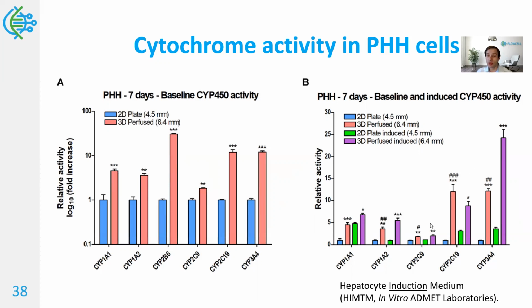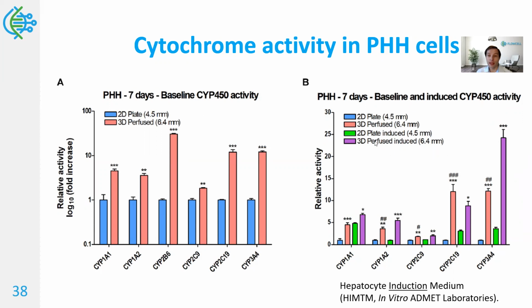In terms of induction of these cells with typical inducing reagents or media, we can see here that 3D perfused, especially for some cytochromes, the 3A is one of the critical ones, is very significant for the perfused case.